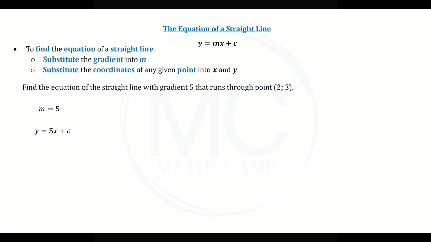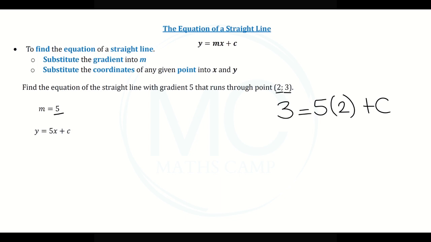Now we can take the coordinates of our given point, 2, 3, and substitute them into the equation in order to solve for c. The y coordinate is 3, so we say 3 is equal to 5, our value of m, multiplied by x, which is 2, plus c.